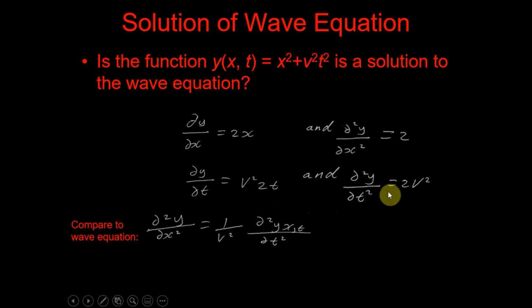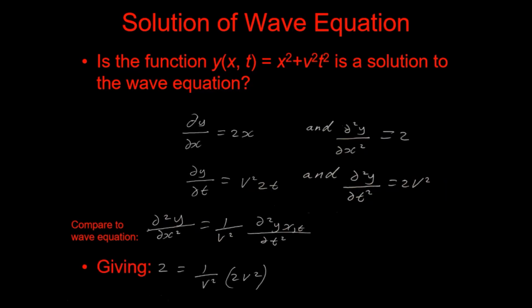We have d squared y by dt squared here, which is 2v squared. So let's substitute in. We will end up with 2 equal to 1 over v squared times 2v squared. Our v squareds will cancel and give us a value of 2 on this side of the equation. Consequently, this is a solution of the wave equation.